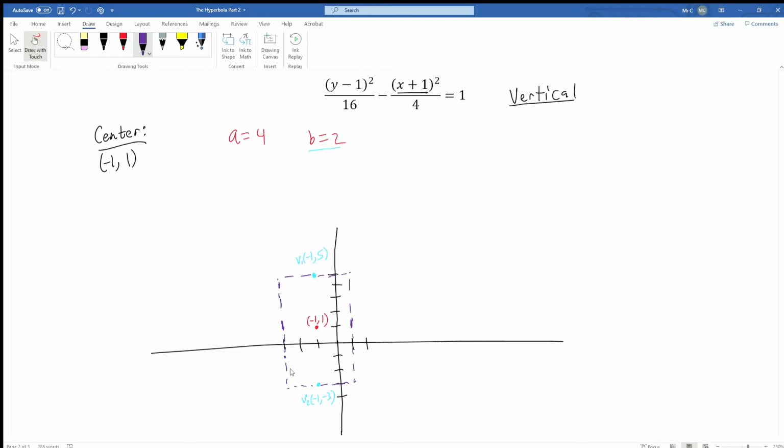Now, when I draw this fundamental rectangle, I can draw my diagonal asymptotes through here. We can see these asymptotes are going to be a little more complicated because they're not centered at (0, 0). So we'll have to think about those carefully a little bit. But let's go ahead and finish graphing the hyperbola first. So we've graphed the hyperbola this time in the blue.